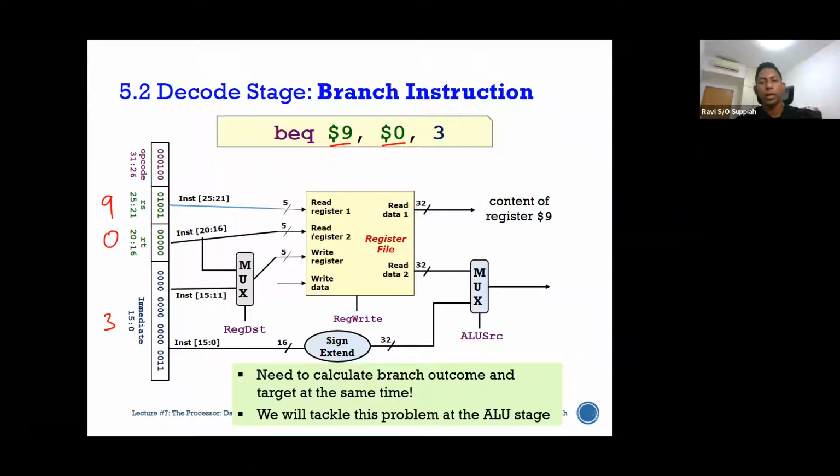Since I'm specifying 9 as RS and register 0 as RT, the content of register 9 will come out here, and the content of register 0 will come out here. Since I already have a multiplexer here, I channel this to go out.